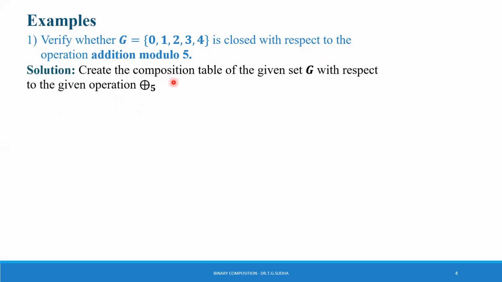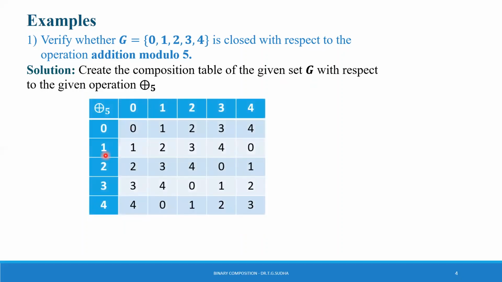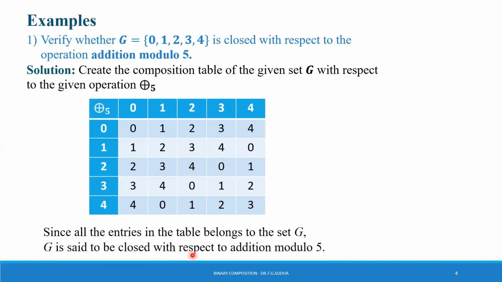So let us create the composition table of the given set G with respect to addition modulo 5. When we look into the table entries, all the entries belong to the set G. Since all the entries belong to the set G, we say that G is closed with respect to addition modulo 5.